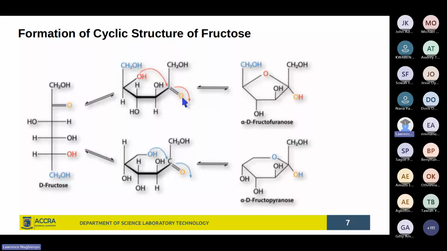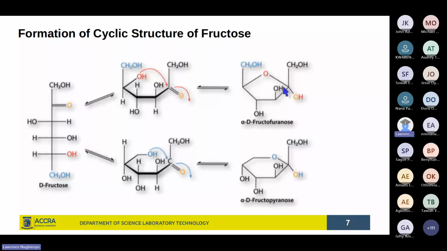In the end, you have this hydroxyl group on carbon number 2. And the rest of the molecule, which is acting as an alcohol, that OH group now has a covalent bond with carbon number 2.